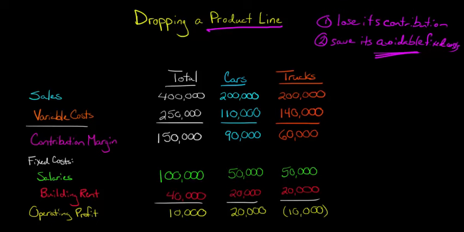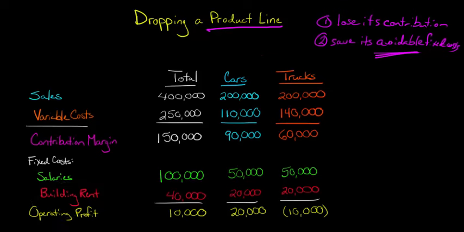So if you get rid of the truck division, you would save $50,000 in costs, right? This $50,000 would go away. But now let's think about the building rent, okay? Let's say that you're in a 30-year fixed lease and you can't get out of it. So even if you say, let's get rid of this truck division, you're still going to have that building rent.